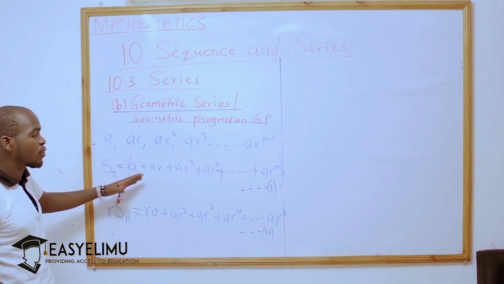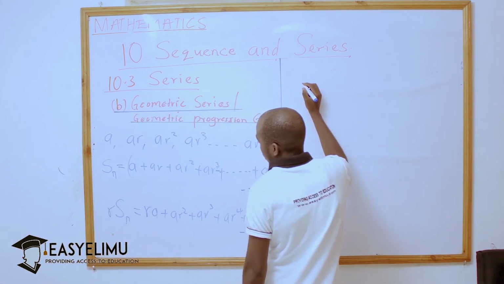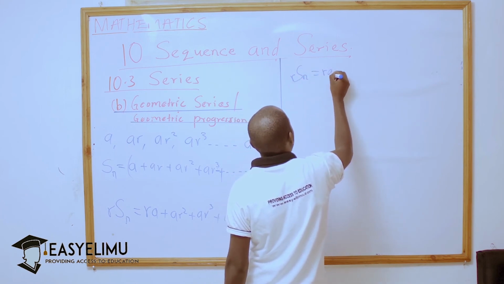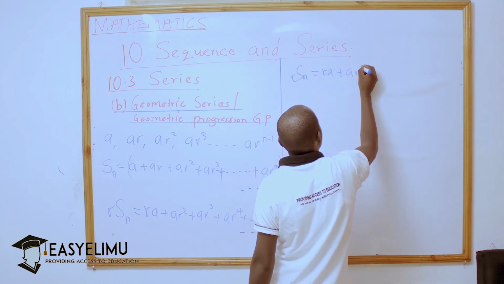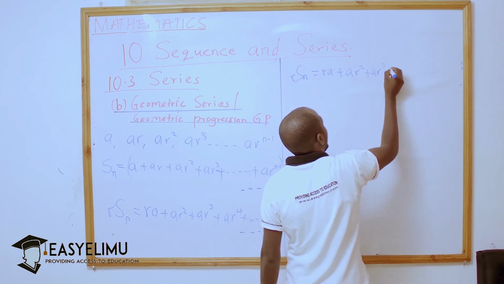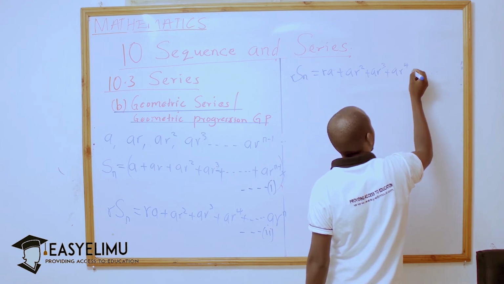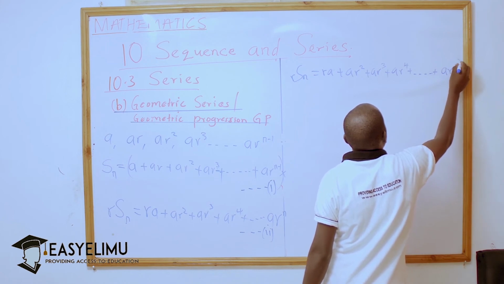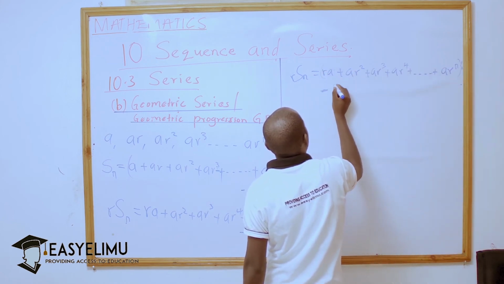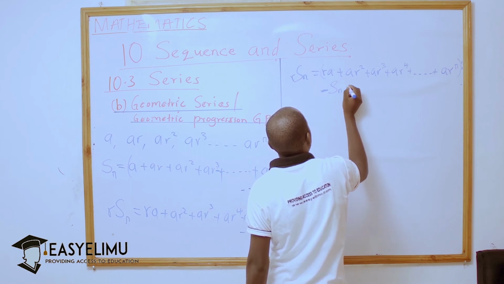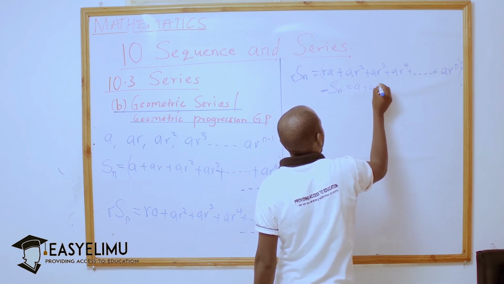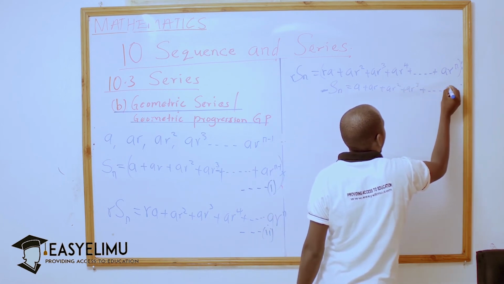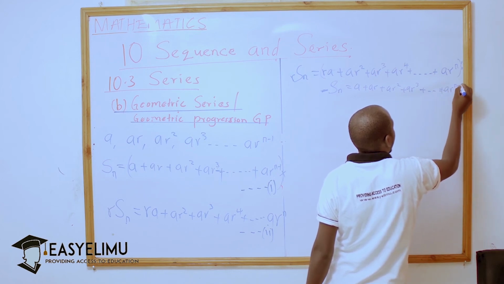We are going to get, if you do the subtraction, R times Sn is equal to AR plus AR squared plus AR cubed plus AR raised to 4 up to AR raised to n. We are subtracting Sn, which is equal to A plus AR plus AR squared plus AR cubed up to AR raised to n minus 1.